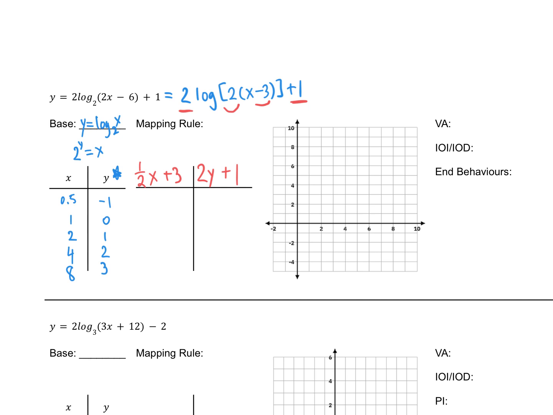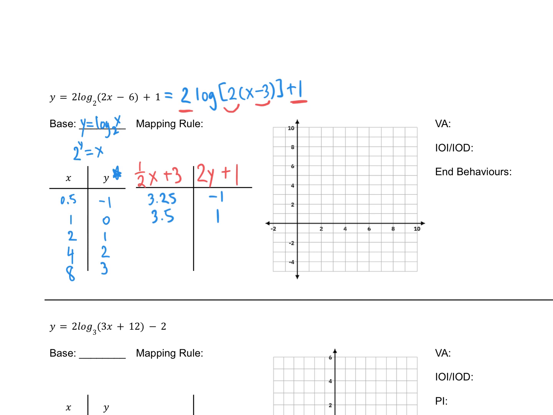We have 0.5 times a half, and then add 3 to it. That's 3.25. And then for our y, 2 times -1 plus 1 is -1. A half times 1 plus 3 is 3.5. 0 times 2 plus 1 is 1.